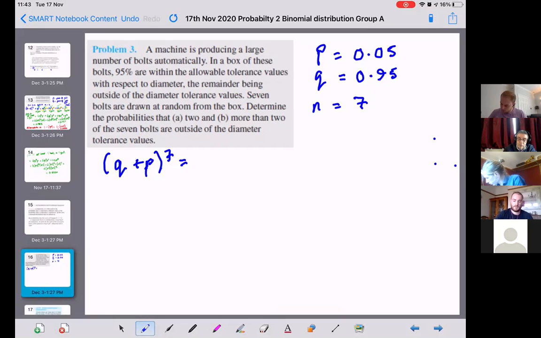So it's going to be (Q plus P) to the 7.